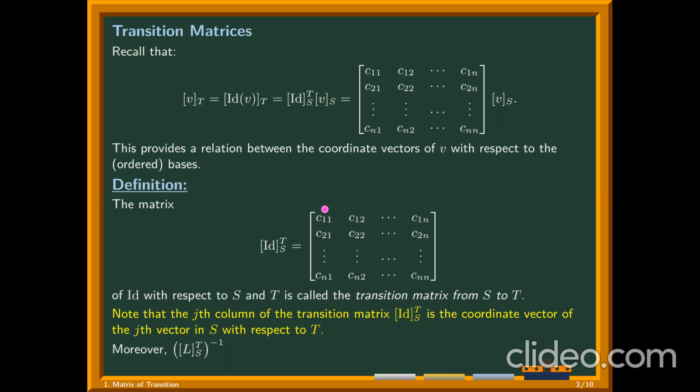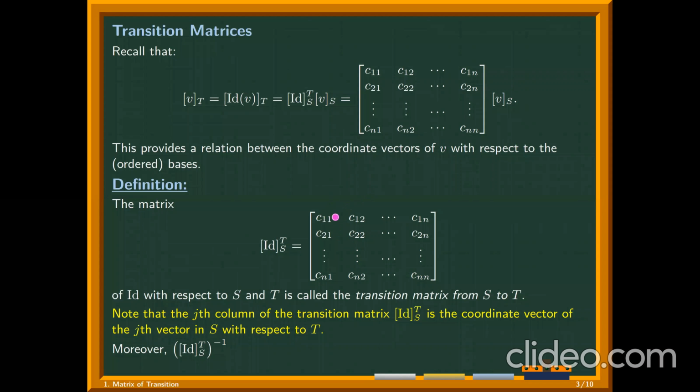So the first column is the coordinate vector of V1, the first vector in S, with respect to T. This is the coordinate vector of V2 with respect to T, and so on.